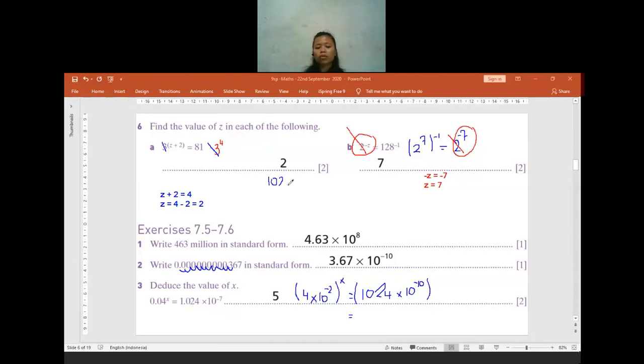If you get confused, you can always use the factor tree. You can use the factor tree like this. So everything I divide by 4. Why do I use the 4? Because in here, the base is 4. That's why I use 4. And then it will be 256. 256 I divide by 4, it will be 16 times 16.